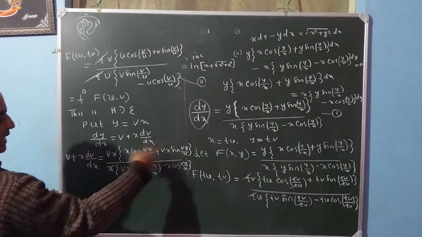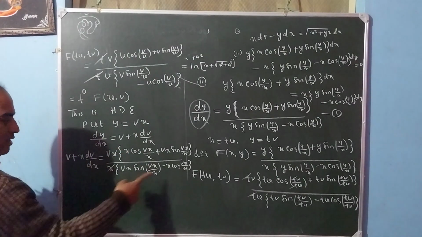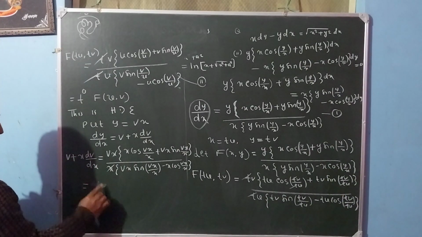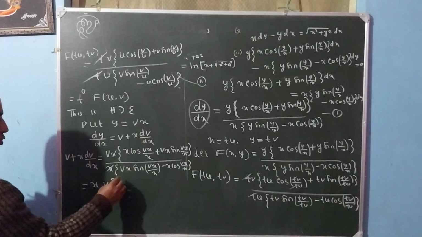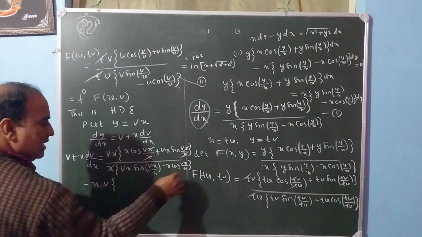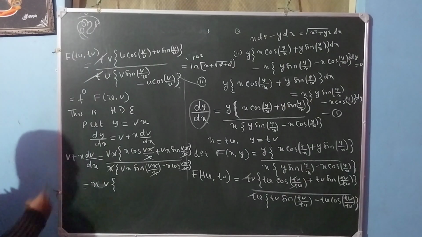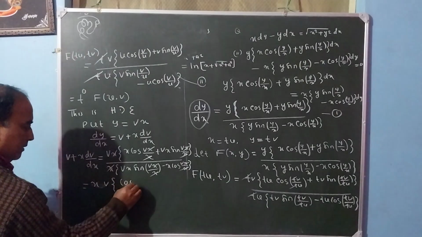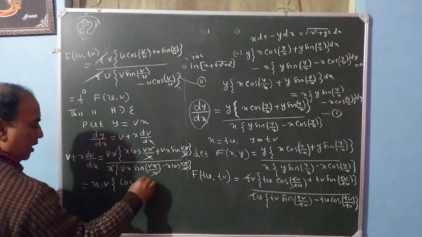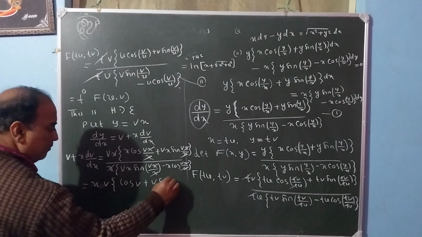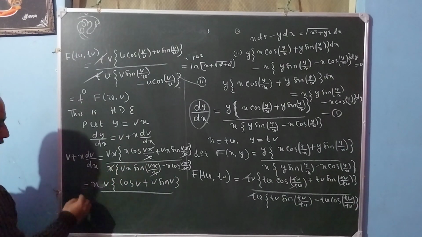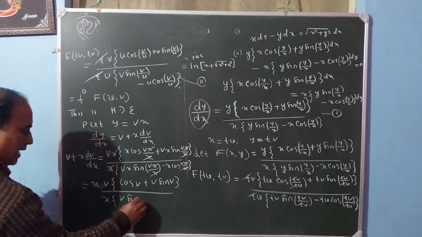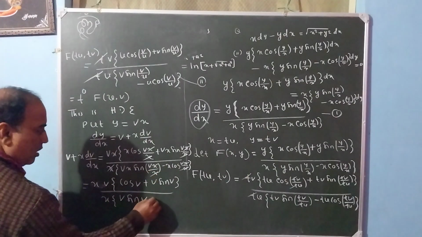Now taking x common from the numerator and x from the denominator, we get x taking common: cos v into cos v, plus v sin v, divided by x taking common: v sin v minus cos v.